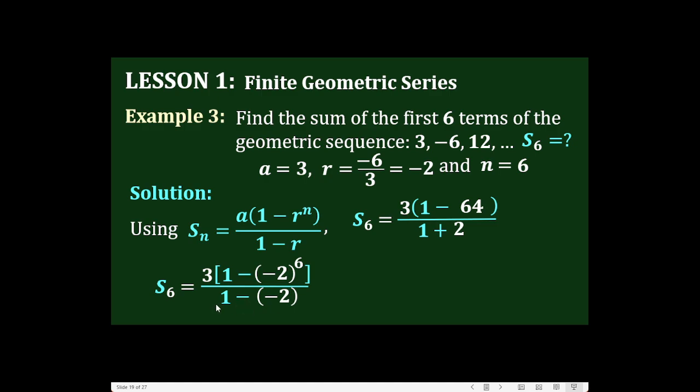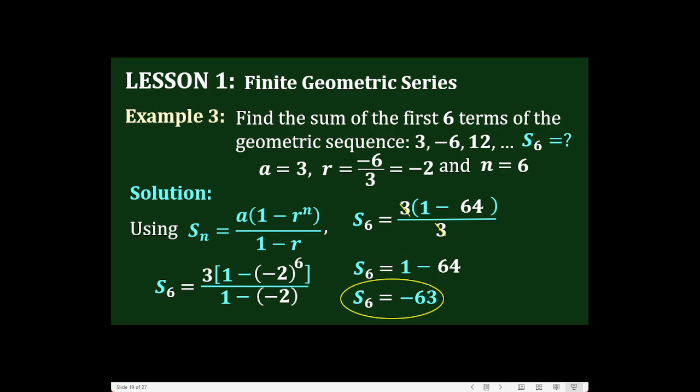That's the reason why the minus operator becomes plus. And from here, 1 plus 2, as we all know, is 3. And we can cancel 3 here, so that the remaining expression is 1 minus 64, and that is equal to negative 63.